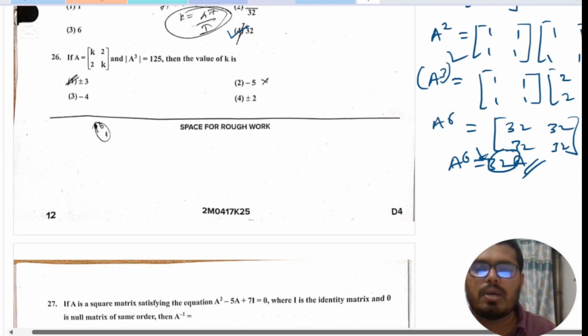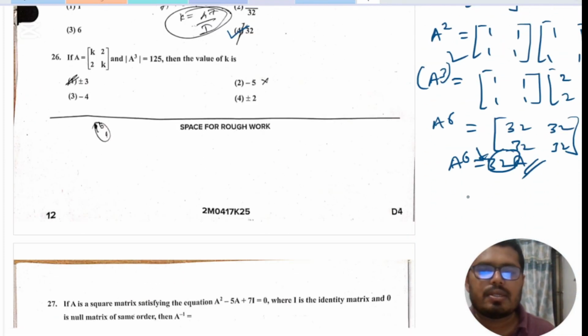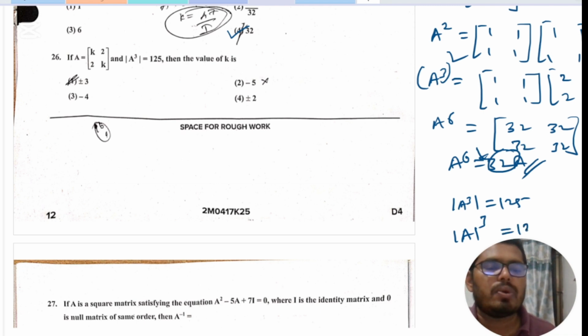Next one, question number 26. It is also related to matrices. A is given as a 2 by 2 matrix, then determinant of A cube is equal to 125. Then they have asked for the value of k. Therefore, determinant of A cube is equal to 125, so determinant of A raised to cube is also equal to 125.